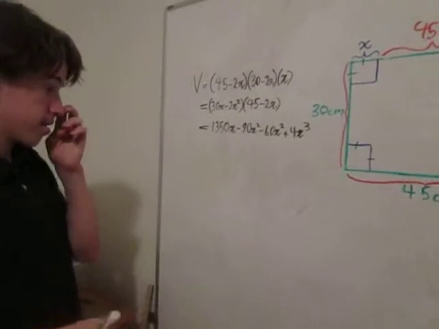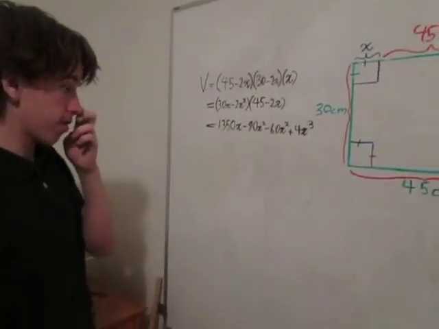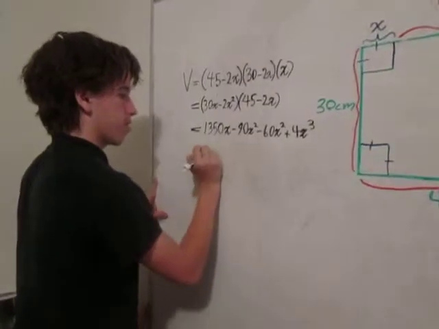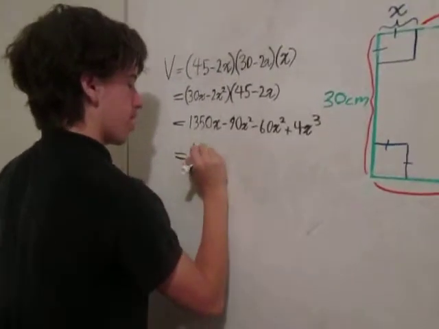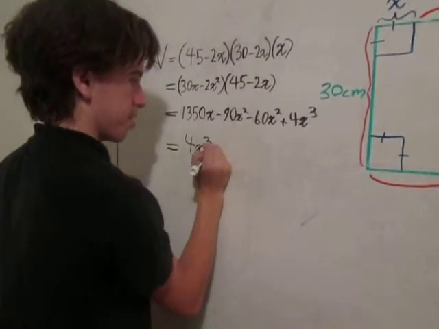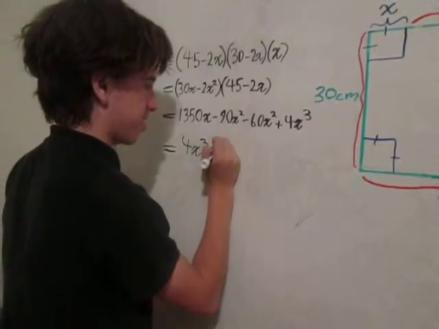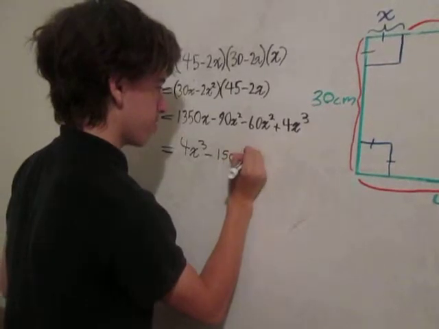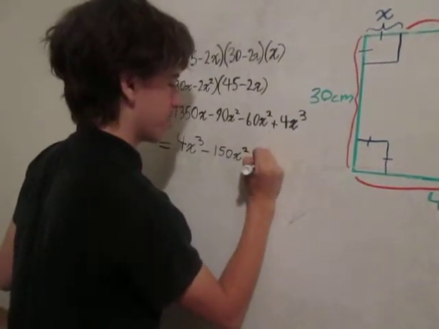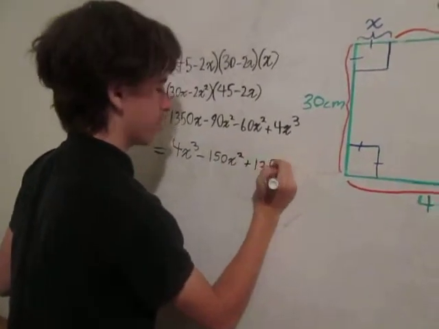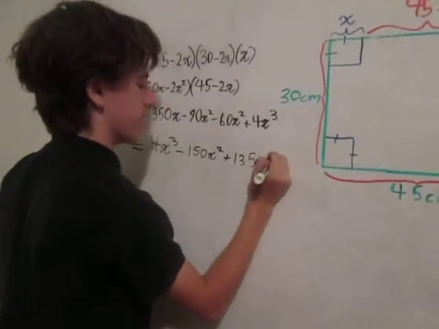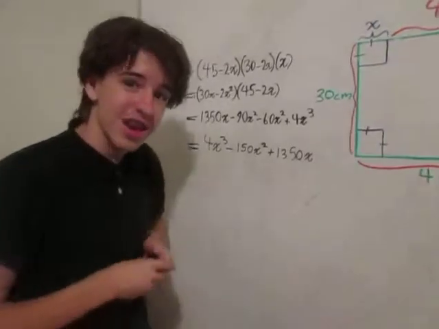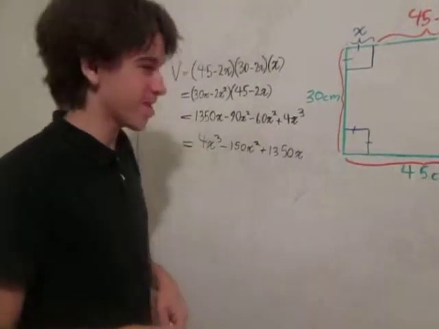Alright. This is how we find our volume, or if we want to simplify, 4x cubed minus 150x squared plus 1350x, which is a function. It's kind of an unpleasant function, but it's a function.